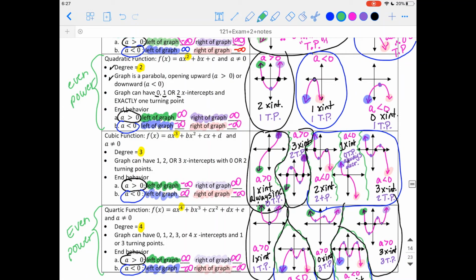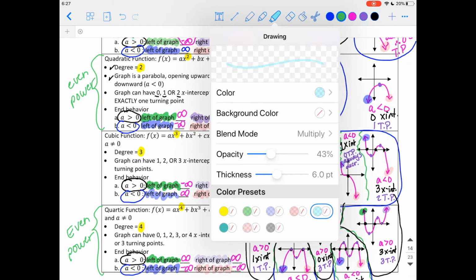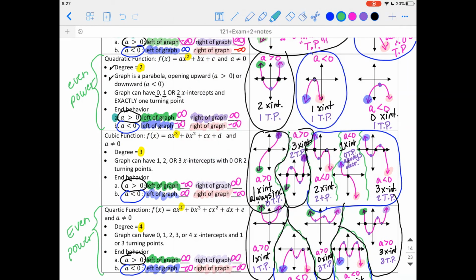So if you notice, I'm going to highlight it here with this one, I guess. I want another one. With this one. So for this A greater than 0 and this A greater than 0, if you notice, the left of the graph is headed towards infinity and the right of the graph is headed towards infinity for both even powers.